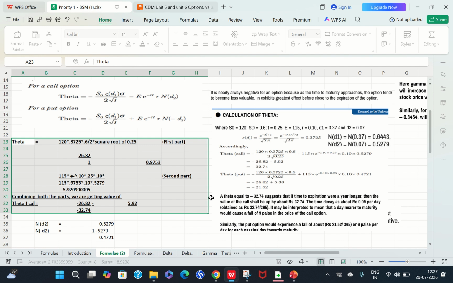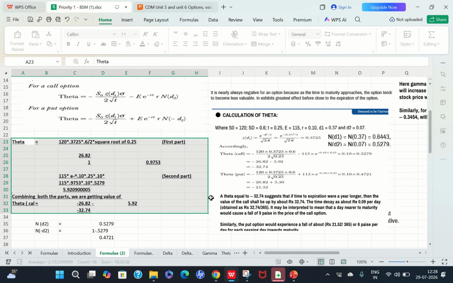How can I tell it in a much simpler sentence? It means that a day nearer to maturity would cause a fall of 9 paise in the price of the call option. It is like this. Say you booked a ticket one month ahead for travel to Tirunelveli.